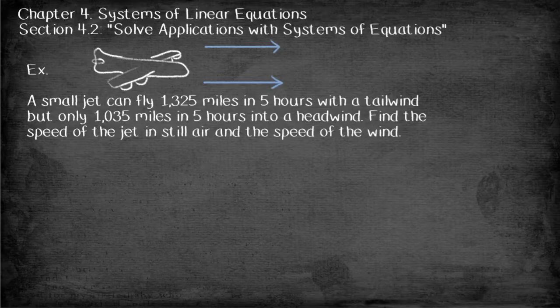So just like before, when we have a tailwind, the two velocities are helping each other. And when we have a headwind, they are fighting against each other. So this is really working the exact same way as the previous example, except the information that we have is slightly different. In this example, the time is the same, but the distance is different.